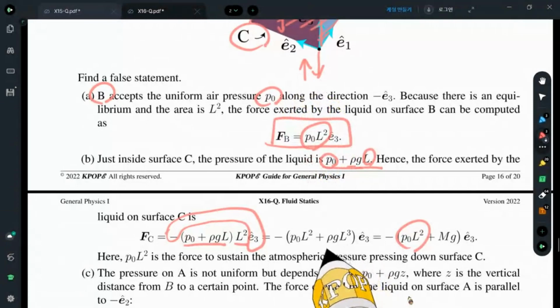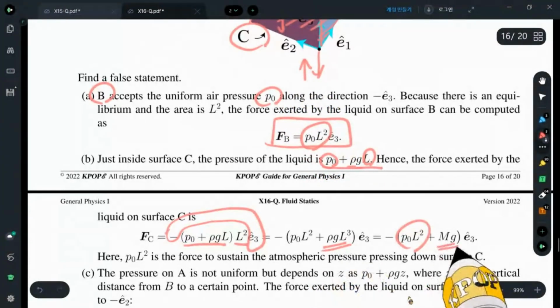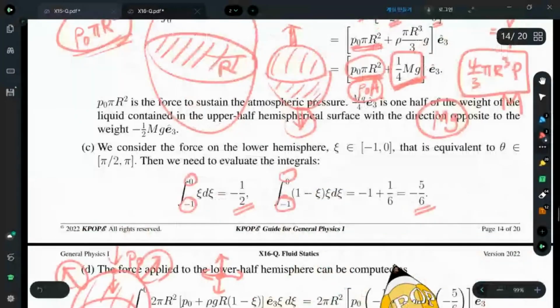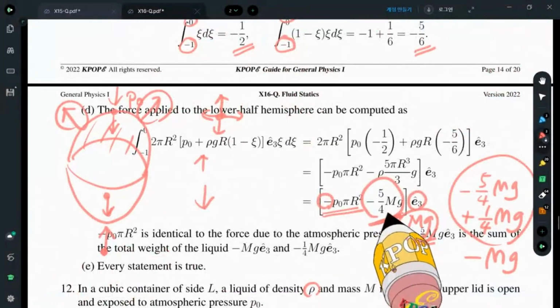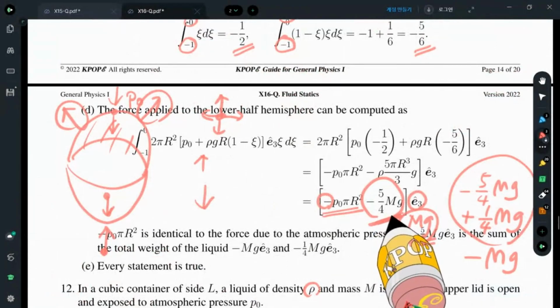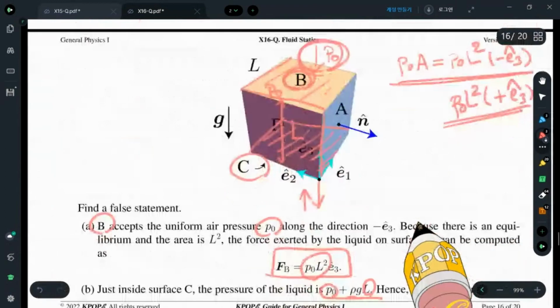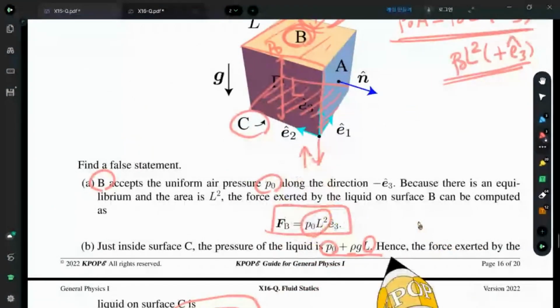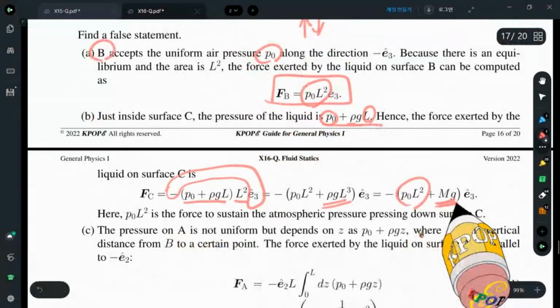And then the net effect of the weight comes here. In here, it is mg, instead of the previous case, where we have 5/4 that is greater than mg in magnitude. So we have a different result depending on the shape of the container.